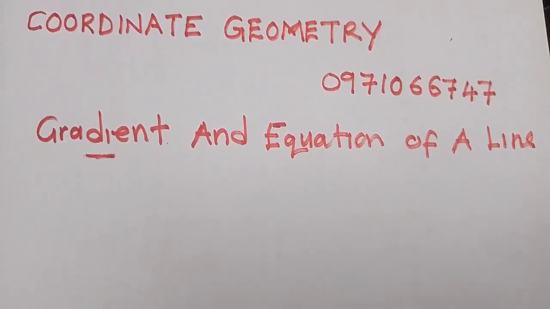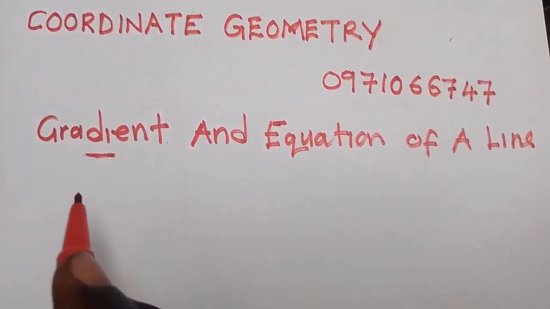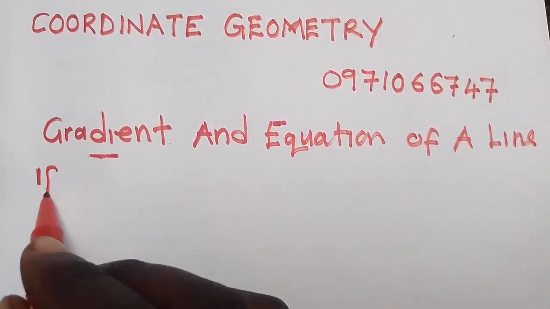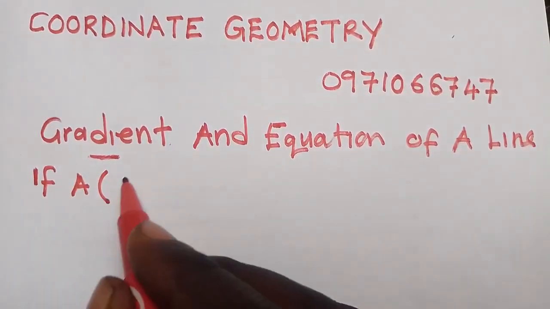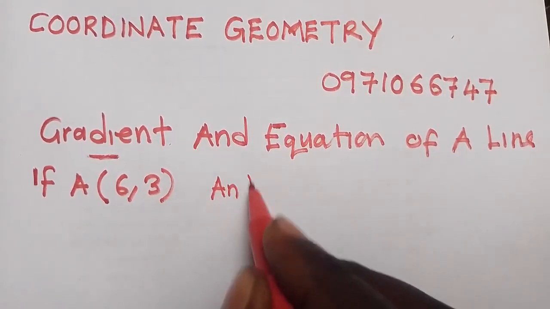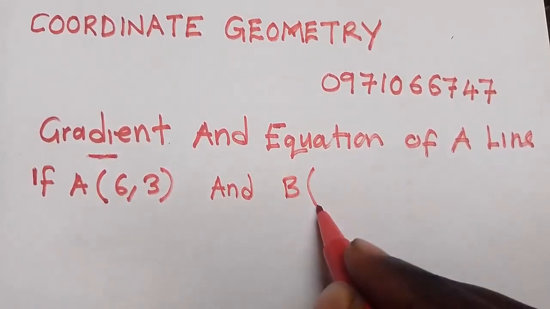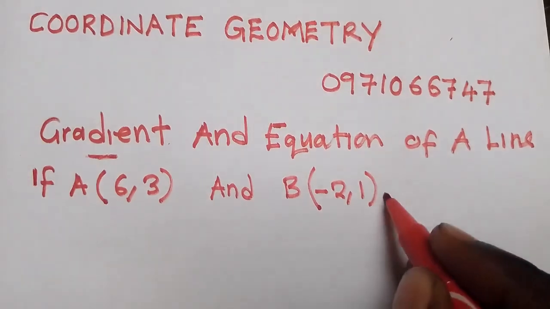So how can you find the gradient? Let's say you are given 2 points. They are saying that A is the point 6,3, and B is the point negative 2,1. We've got 2 questions here.